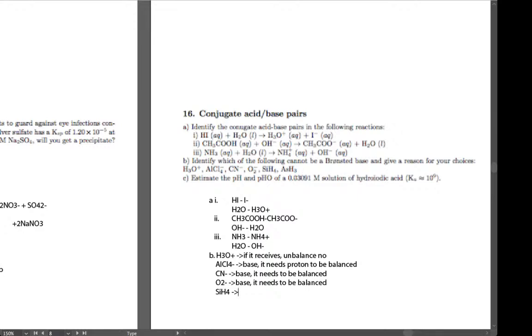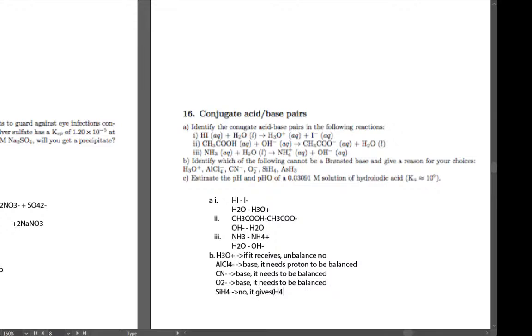According to my mind, this guy would give. For me, it's basically looking at its structure.